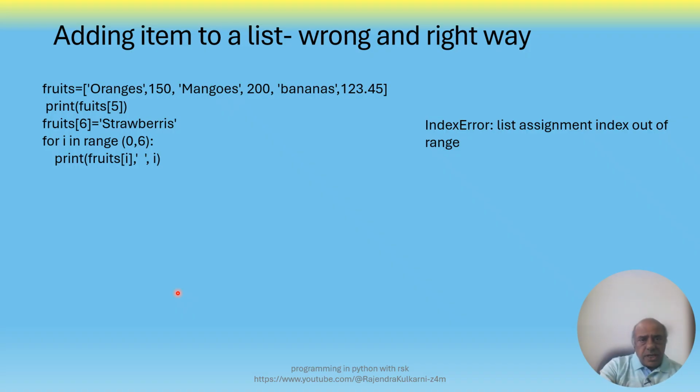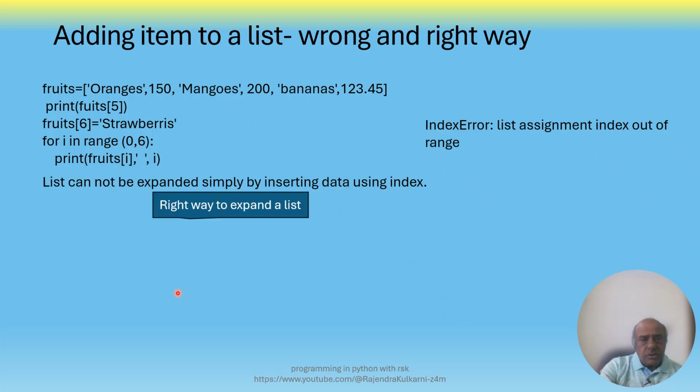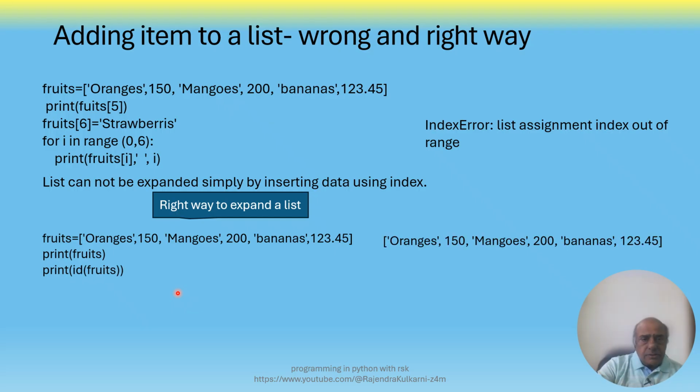But how can we add? I want to add another object in this list fruits. That I can do by appending to the fruits list, adding strawberries as another list, a strawberries list having strawberries as its content.